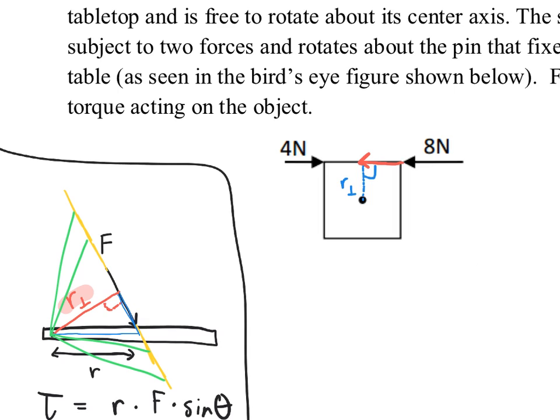The only one that is perpendicular to the line of action of the force is the red one right here. So when we extend our line of action for our forces, we could extend it this way and forward. But if I connect the rotating point to out here, that's not perpendicular, that's not perpendicular, that's not perpendicular. It's not perpendicular until you get to right here.